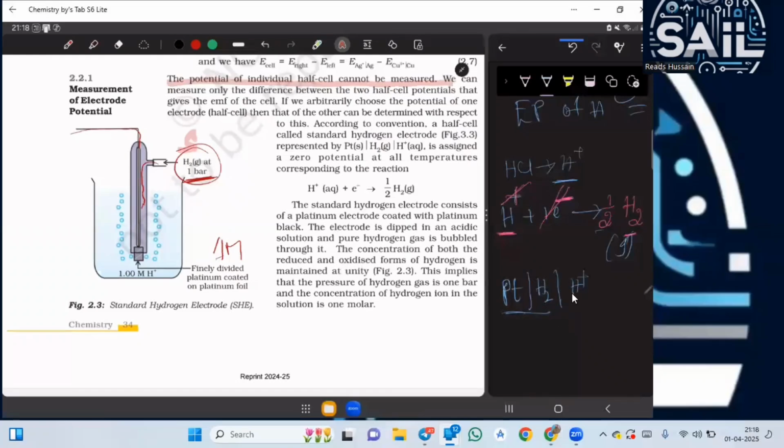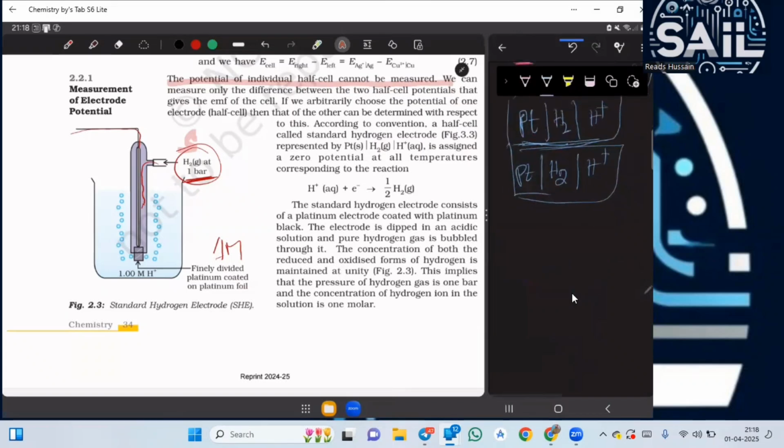That is the meaning of the representation of the hydrogen electrode: on the surface of the platinum foil, hydrogen gas is adsorbed, and this hydrogen gas is in contact with the H plus ions of the solution. Don't be confused. Some students will write like this: platinum bar H plus bar H2. This is a completely wrong representation. Be careful.